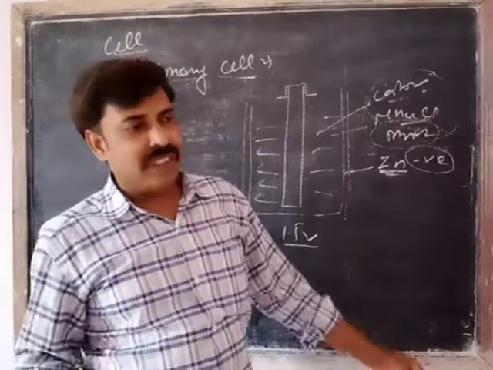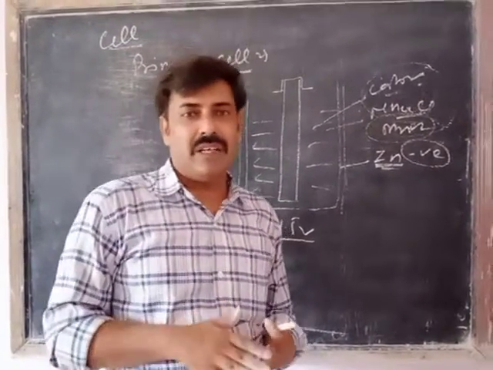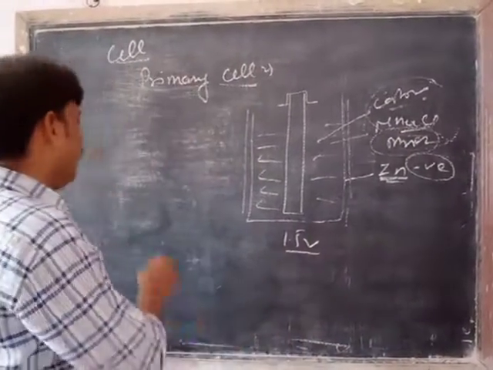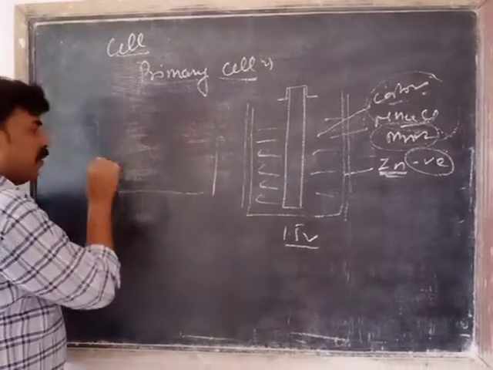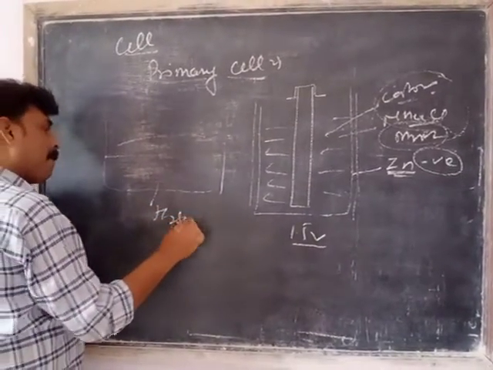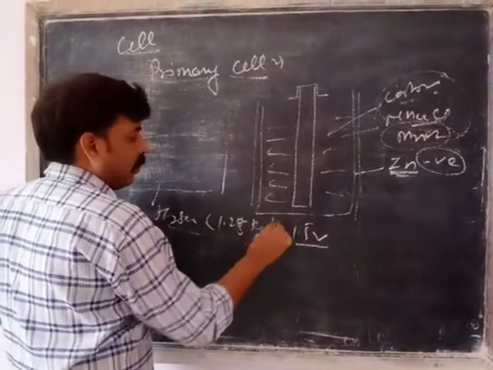But when you see the secondary cells in your syllabus, two main secondary cells are given. The first one is called the acid lead battery. In the acid lead battery, there is a medium which is sulfuric acid having density 1.25 kg per liter.